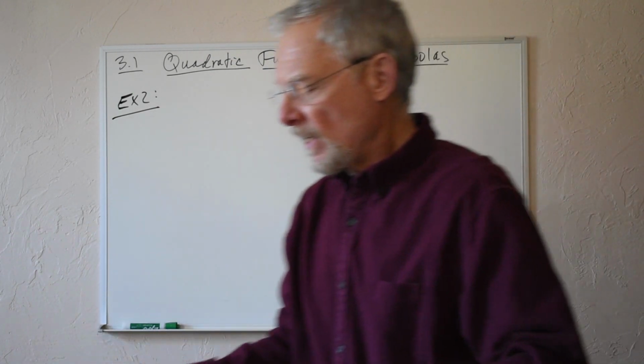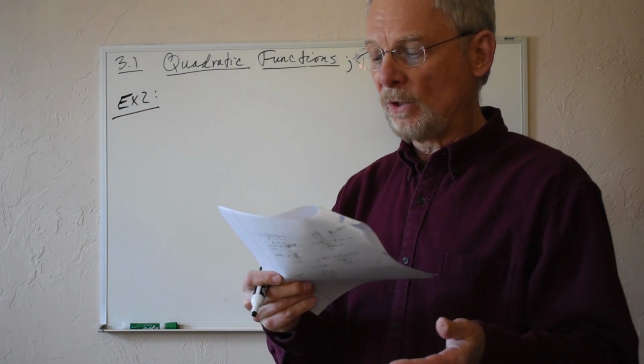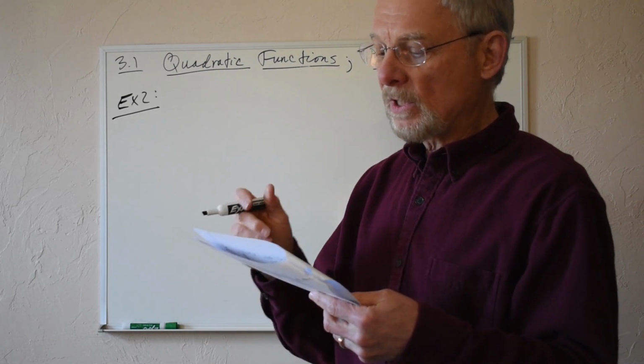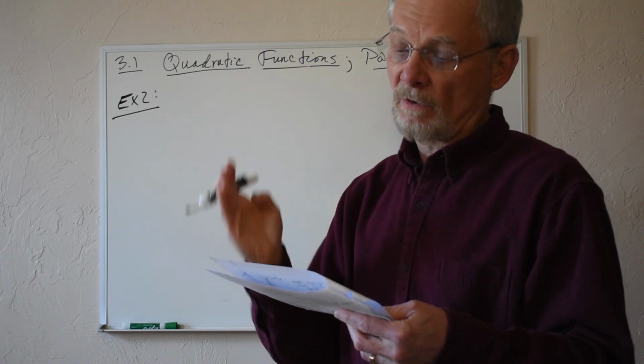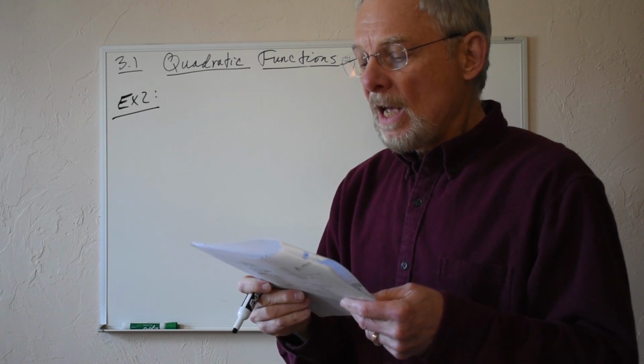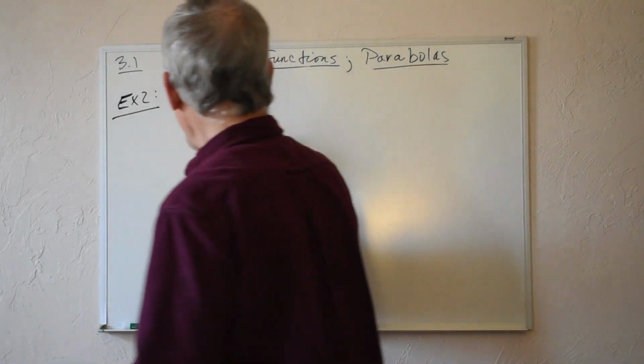So, if we wanted to answer the question, where do we get the greatest revenue? That means we're looking for the greatest y value, R of x in this case, and that implies the vertex of the graph.